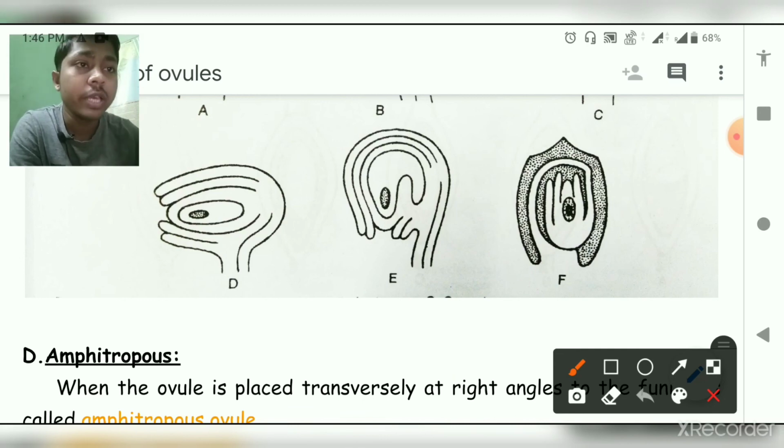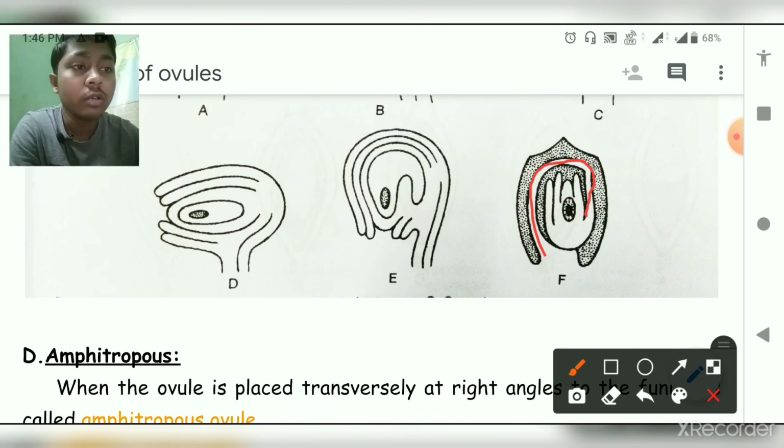Here this is the funicle, and this funicle forms a circle around the ovule, and that's the reason it is called sarcinotropous ovule, where the stalk of the ovule, meaning the funicle, is much longer than in the others, and it forms a circle around the ovule.